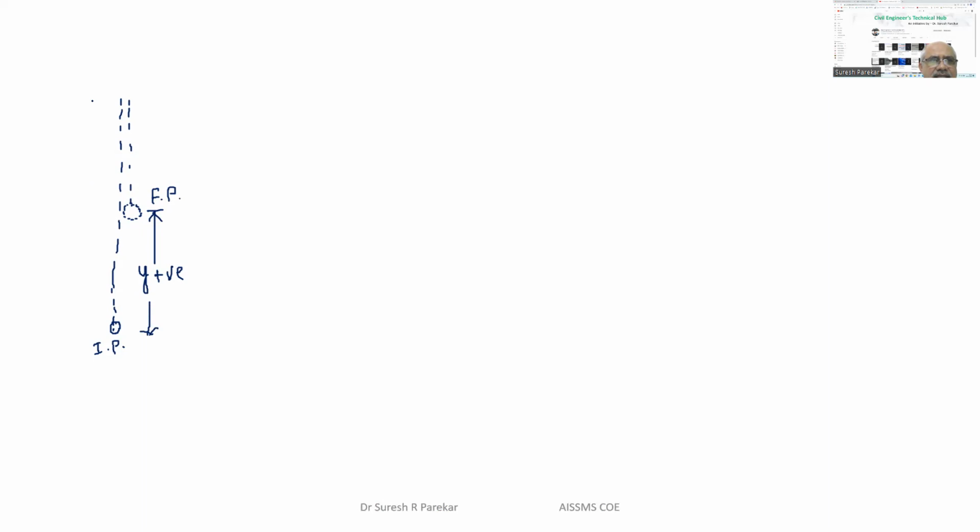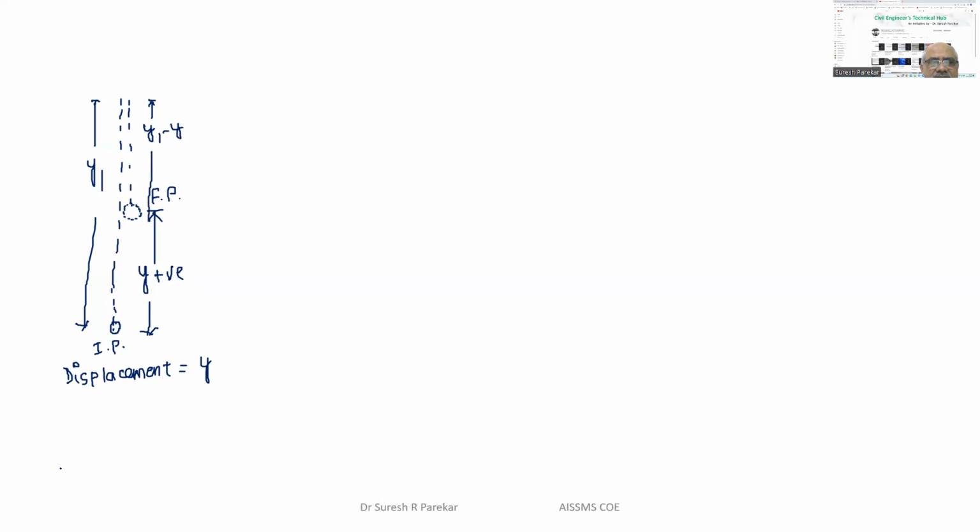If I say this distance is y1, then the distance between the maximum height and the final position will be y1 minus y.